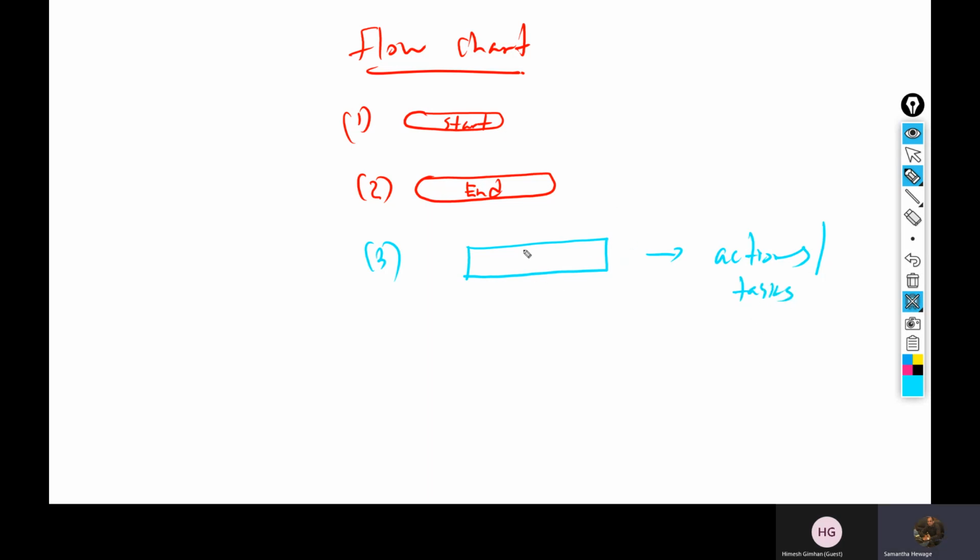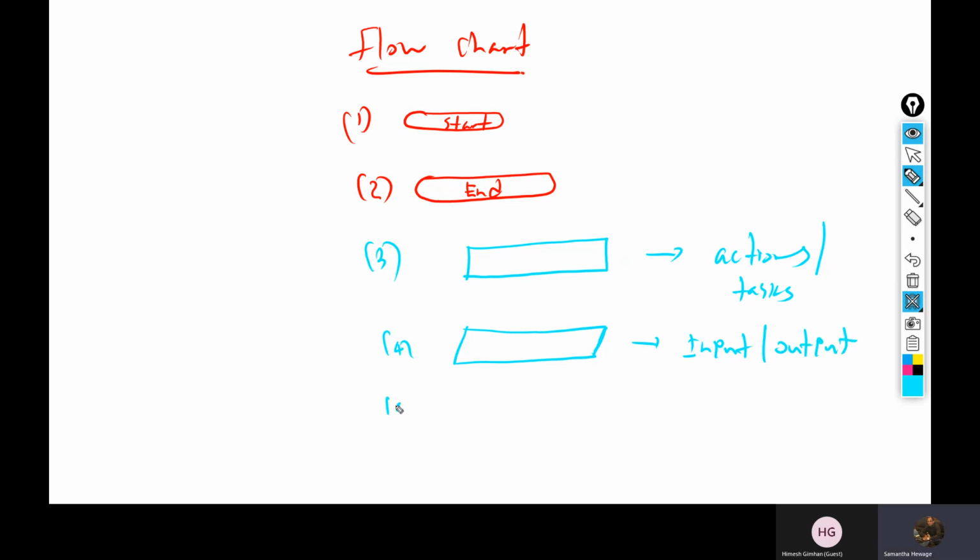You have to insert them into the rectangle box. The other one is input and output. It is also a rectangle, but with a curve at the left and right corners. That is called input and output.